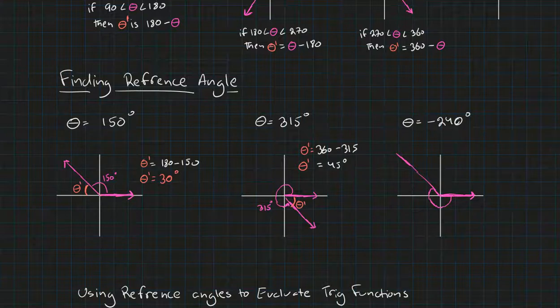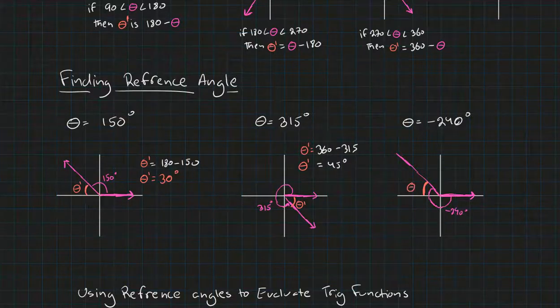Let's say this is negative 240 degrees. The reference angle is right over here. Remember, it is always the terminal side and the x-axis, every single time.